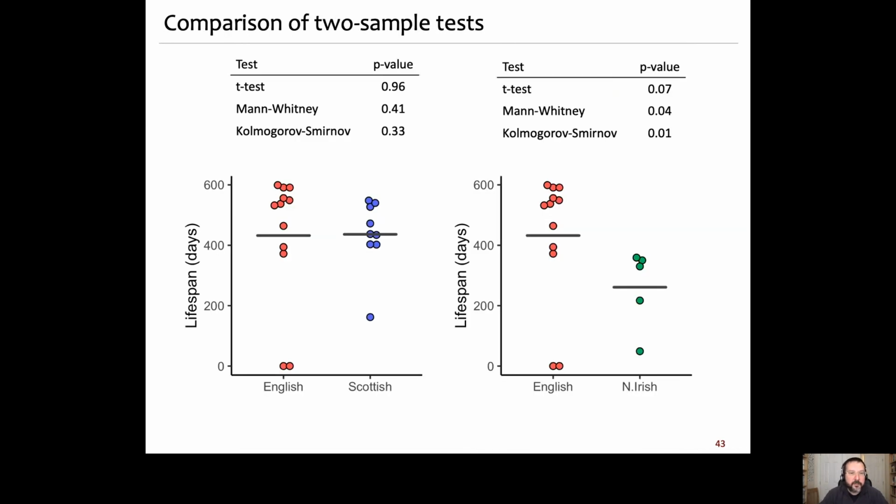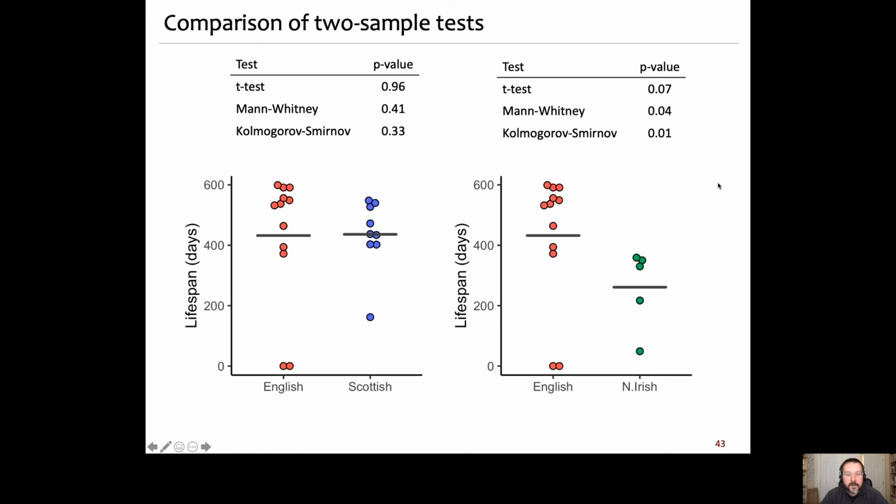This is a comparison of 2 sample tests: the t-test, Mann-Whitney test, and Kolmogorov-Smirnov test. On the left, we have English and Scottish mice, and all the tests give you a large p-value because there isn't really much difference between these 2 samples. On the right, we have English and Northern Irish mice. You can see by eye that they differ in some way.